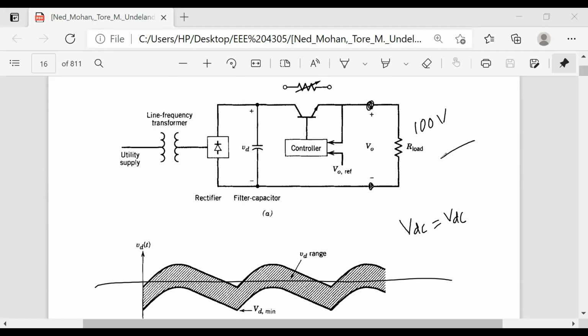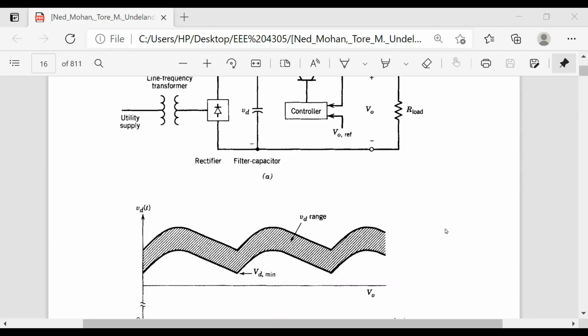It should be greater than 100. Right. So that means this voltage should be greater than the voltage you want, because you are using a voltage divider circuit, right? So you have to manipulate your circuit this way, otherwise you will not get it.